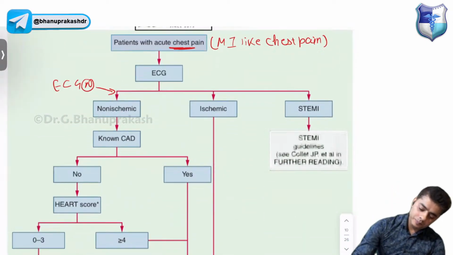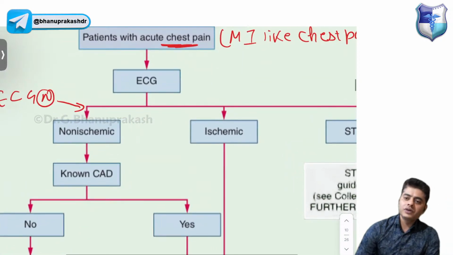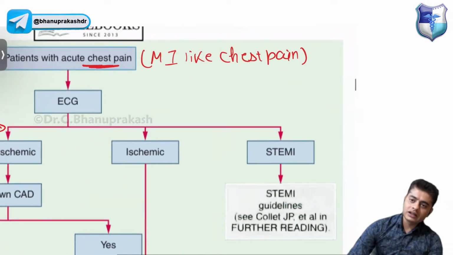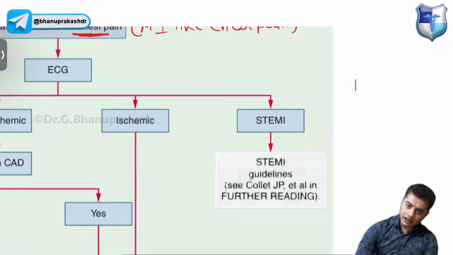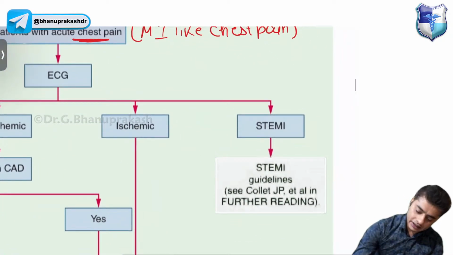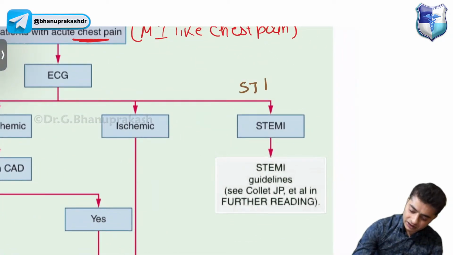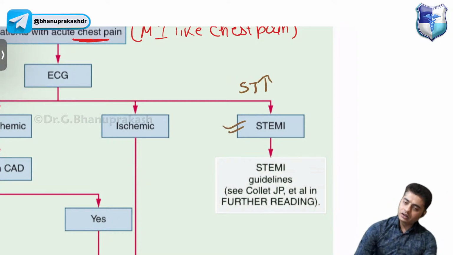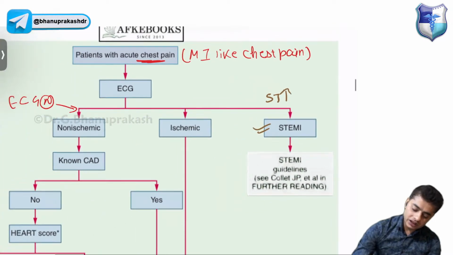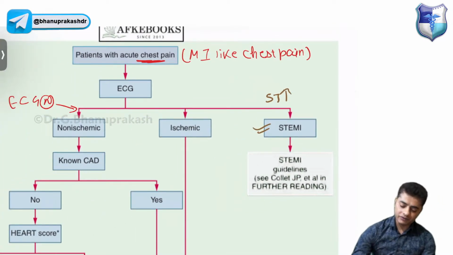Now suppose a patient comes to you with acute chest pain, which you are thinking is an MI kind of pain. You order an ECG, and if in ECG you are getting ST elevation, you predict that it is an ST elevation MI, and you will work according to that. If suppose the ECG comes out to be normal, then what will we do?